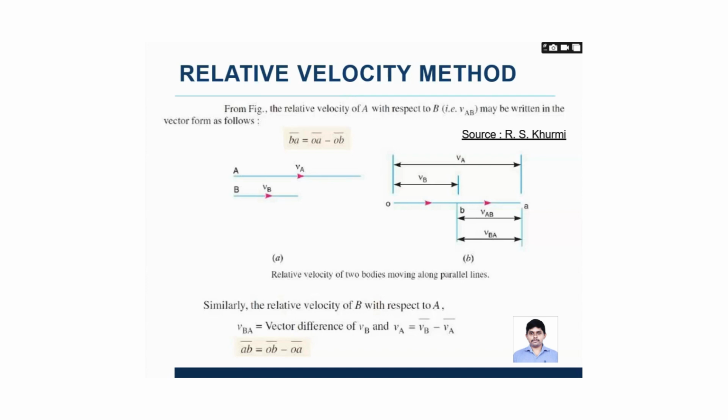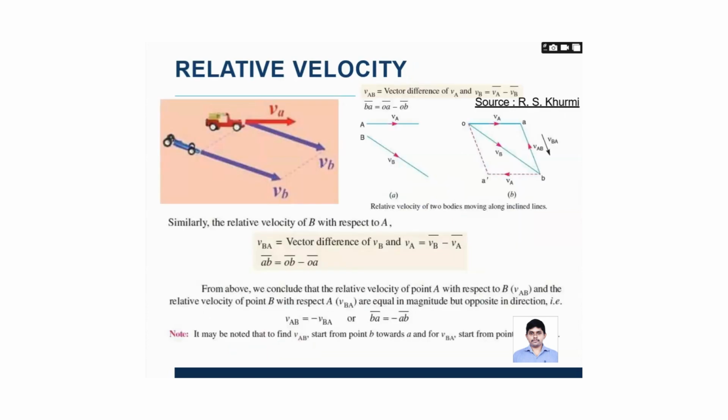Similarly, the relative velocity of B with respect to A is the vector V of B minus the vector V of A, which means the velocity directions from O to B and from O to A. That is what you have seen on this screen.